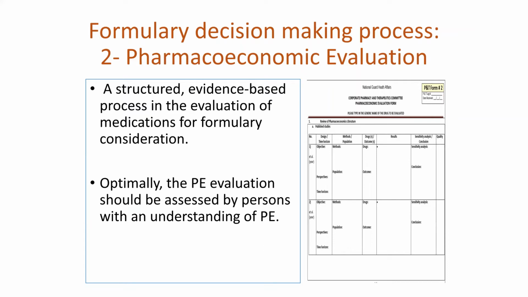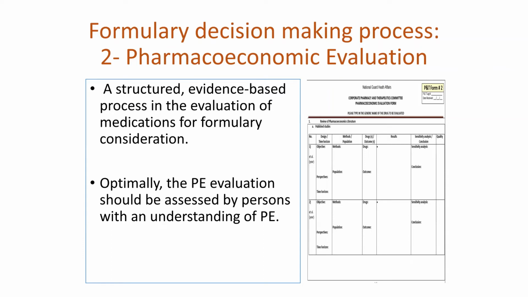So pharmacoeconomic evaluation is a structured evidence-based process in the evaluation of medications. And usually it's done by someone with a general understanding of health economics and in modeling in particular, to be able to assess the submitted models by companies. It's usually done in a formal template and then submitted to the HTA.